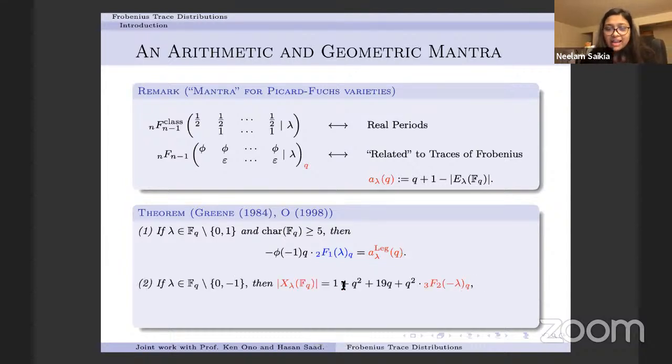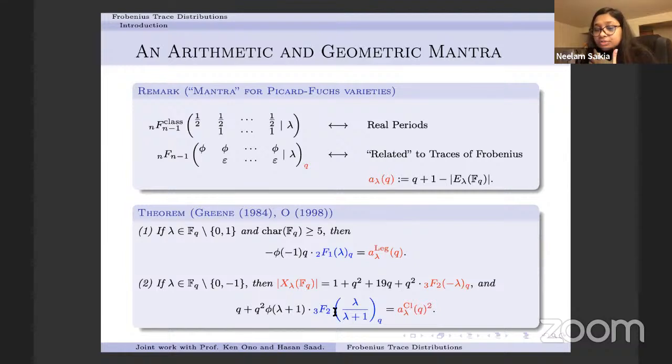And again, we obtain that the number of points on the K3 surface is given by this 3F2 hypergeometric function. And this 3F2 function is related to the square of the trace of Frobenius of the Legendre form of elliptic curves. So this is the kind of relation we work with in our case.